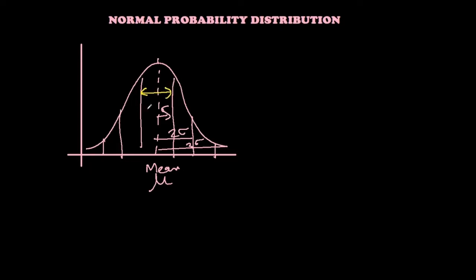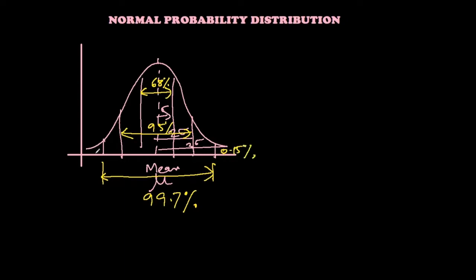If we want to find the probability between one standard deviation on each side, it is 68%. Between two standard deviations on both sides, it is 95%, which is 0.95 probability. And between three standard deviations on each side, it is 99.7% or 0.997 probability, and 0.3% is outside the three standard deviations.